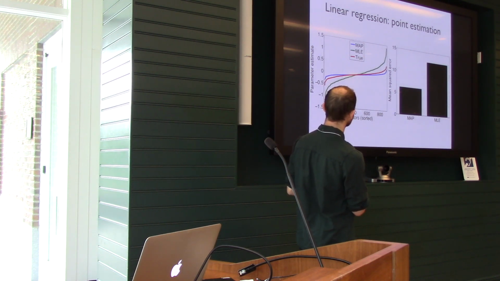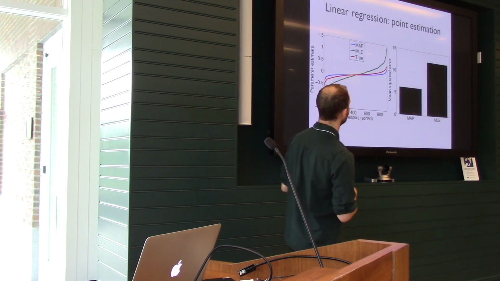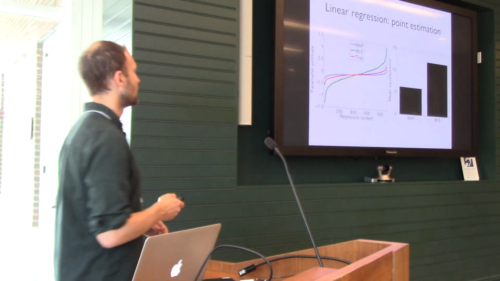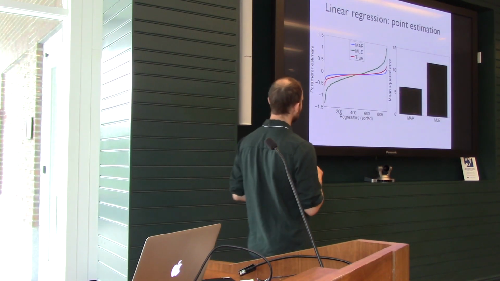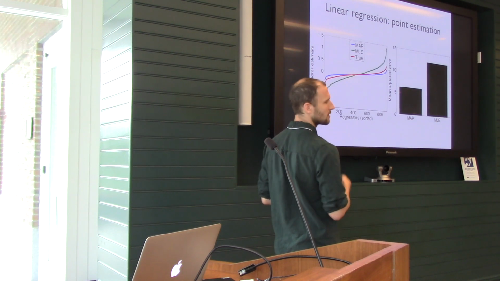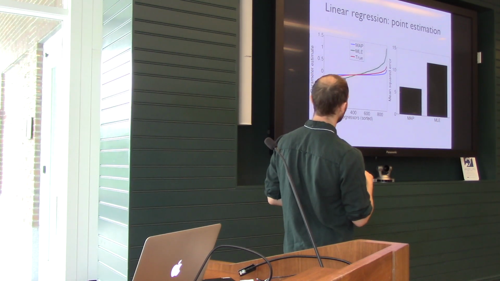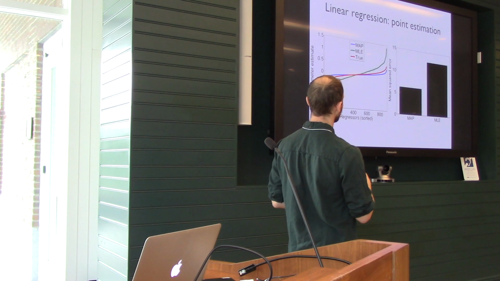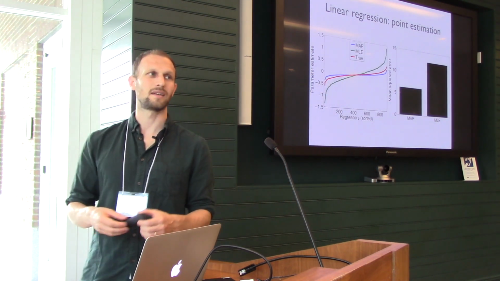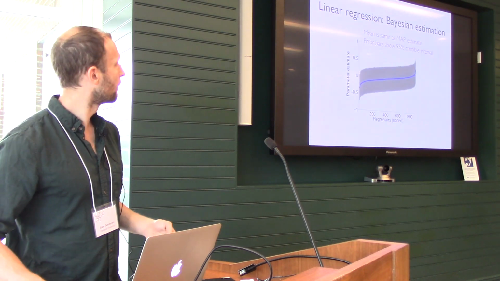You can see that the MAP estimate gets closer to the true distribution of coefficients than the maximum likelihood estimate. The critical thing here is that the maximum likelihood estimate is too sensitive to noise in the data. It's fitting really strong positive or negative coefficients, and that's systematically biasing it.